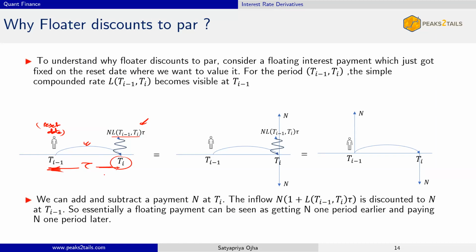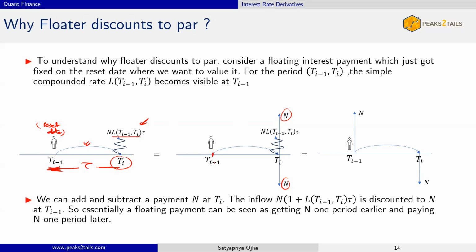So what I'm going to do is add an N as an inflow and also as an outflow. I can do that. That doesn't change the instrument, right? If I'm adding something and subtracting something at the same time, plus N minus N doesn't change anything. Now look at this.